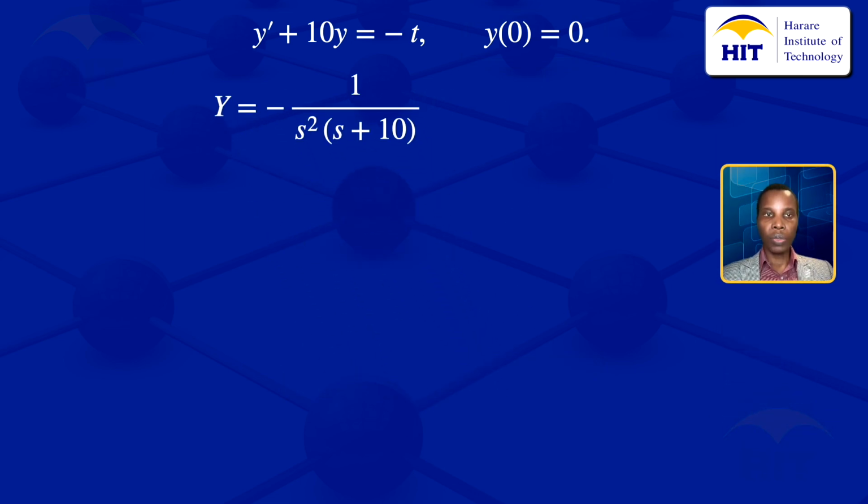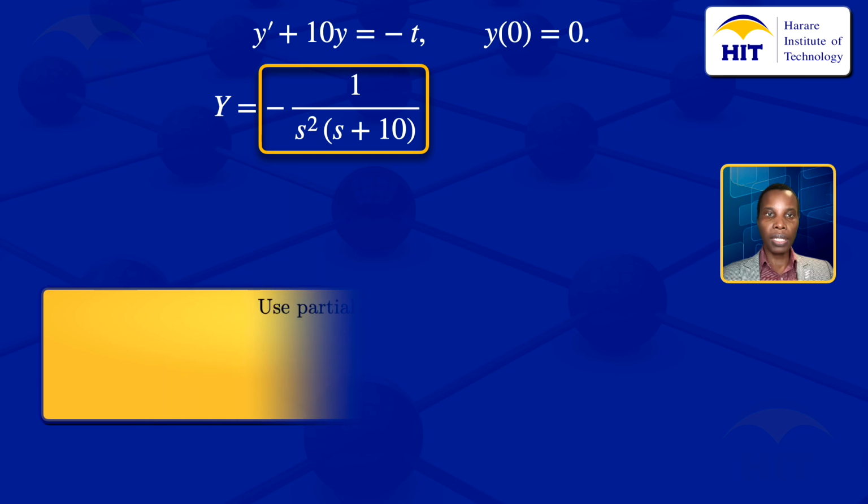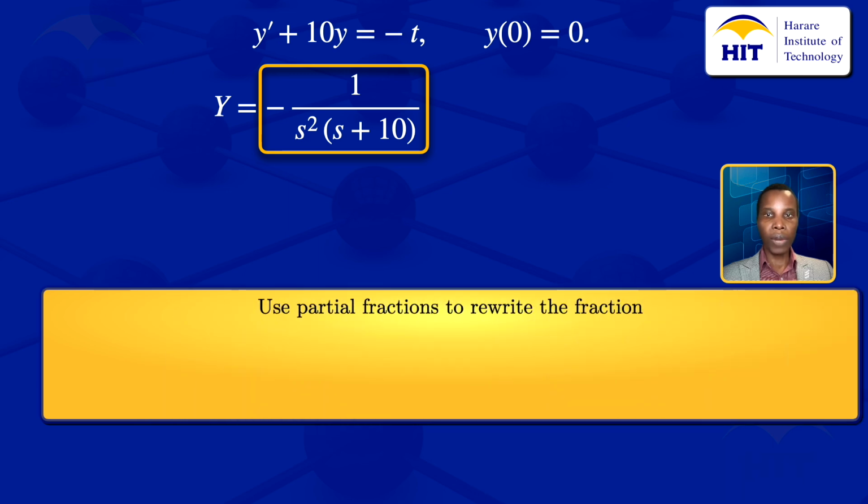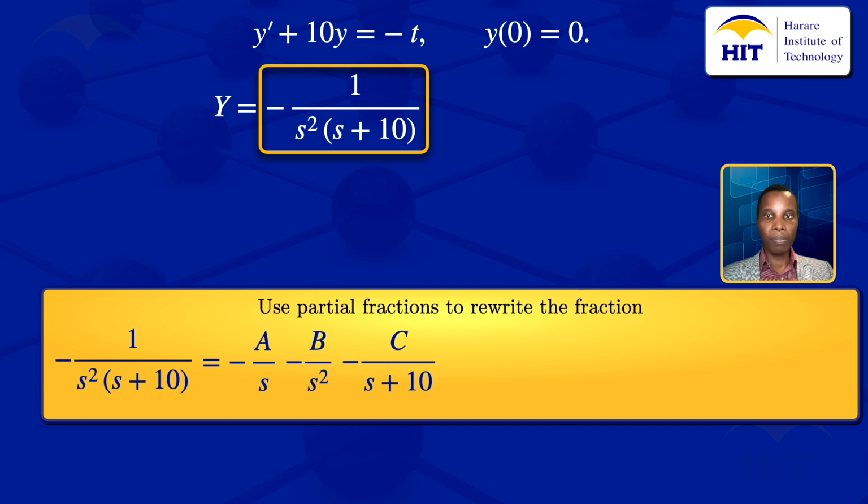But for us to get a solution, we need to evaluate the inverse Laplace transform of this Y that we've just obtained. But from our table of Laplace transforms, we don't have a function of this form. So what we have to do is rewrite this function using partial fractions. So using partial fractions, minus 1 over s squared multiplied by s plus 10 will give us minus a over s, and then minus b over s squared, and then minus c over s plus 10.